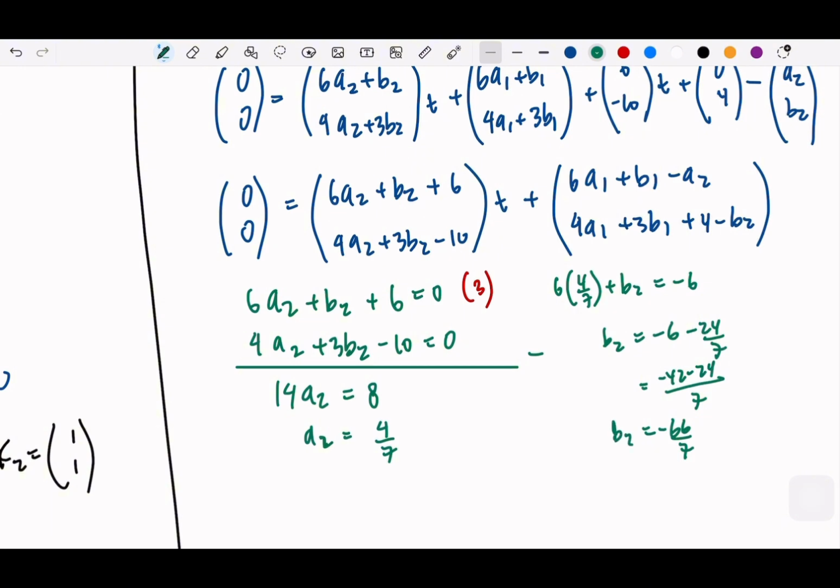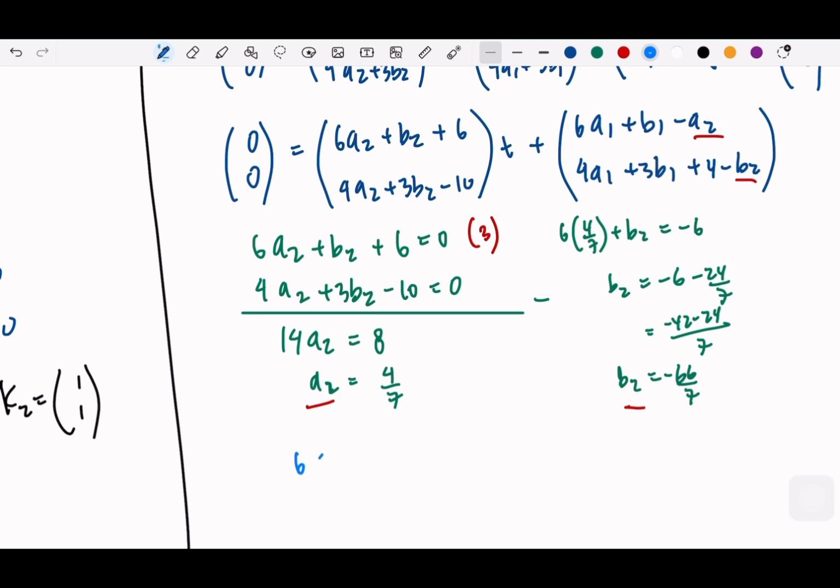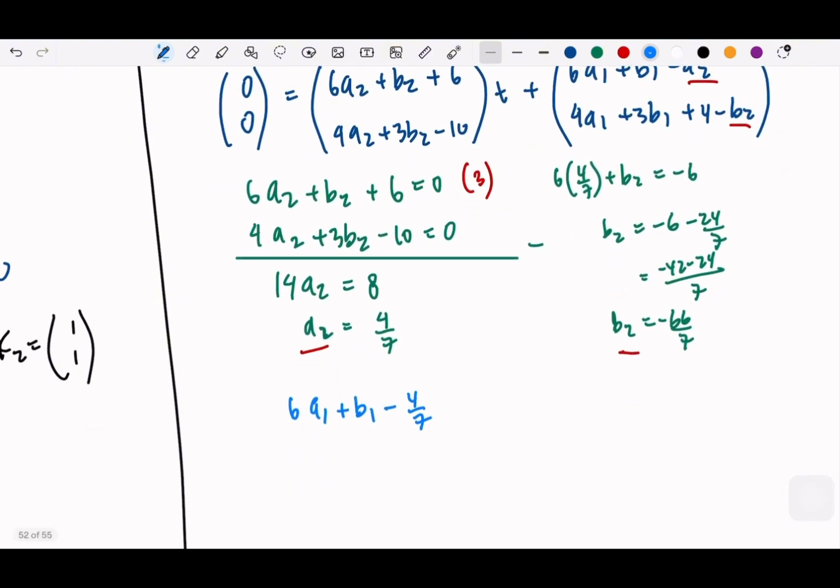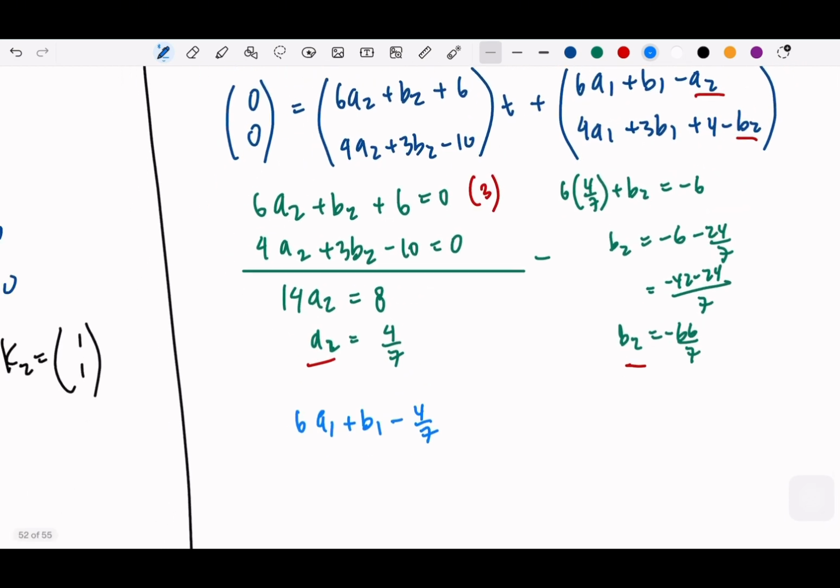So this is A2, B2, and then substitute this A2, B2 to the next equations, which gives you 6A1 plus B1 minus 4 over 7, and then 4A1 plus 3B1 plus 4 minus plus 66 over 7.